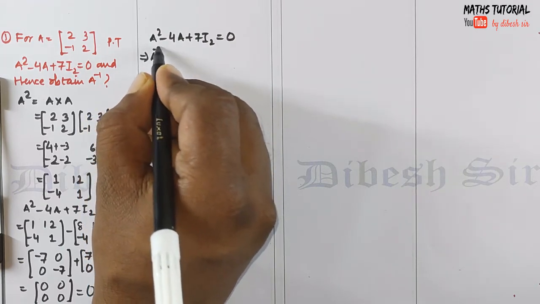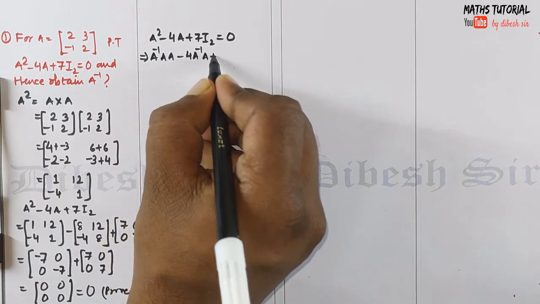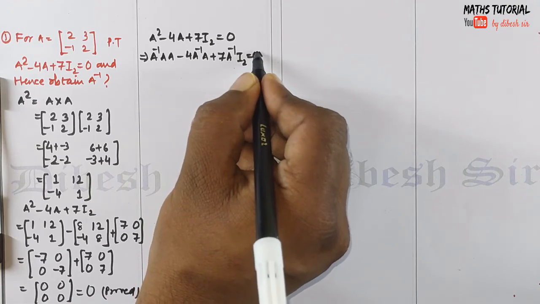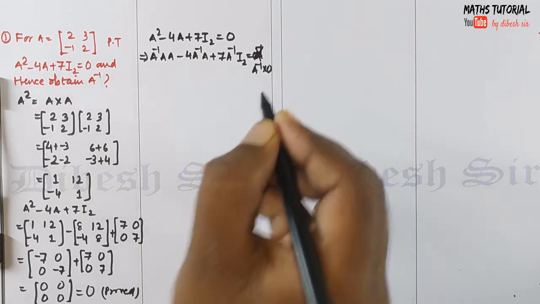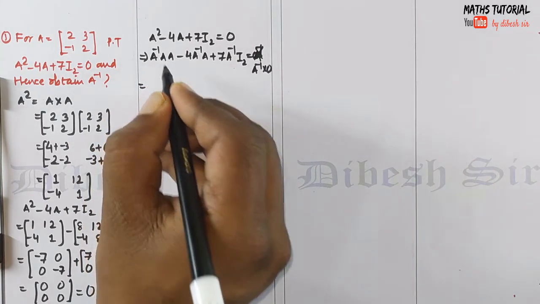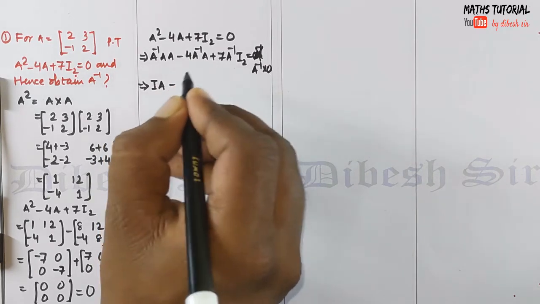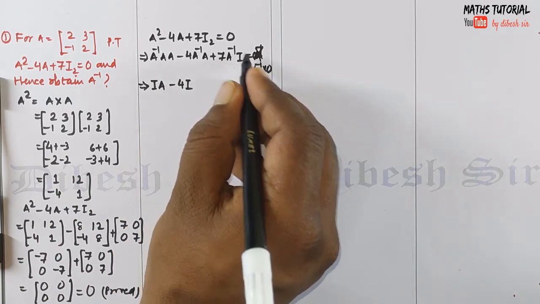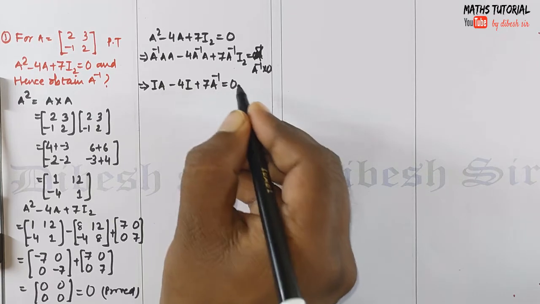So A inverse A square means A into A, minus 4 A inverse A, plus 7 A inverse I2, equal to A inverse into O. So we know A inverse into A is I, I into A is A, minus 4 into A inverse into A, that is I, that is 4I, plus 7 A inverse into I2, which is the same again, that is 7 A inverse. A inverse into O is 0.